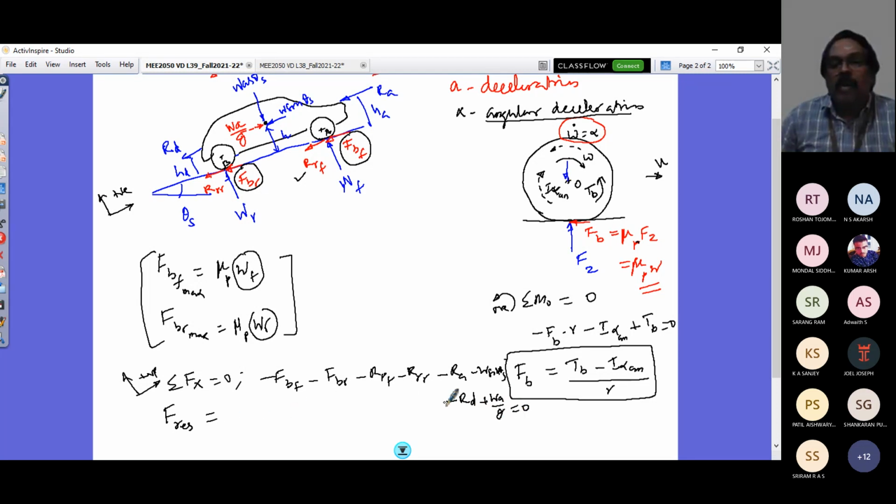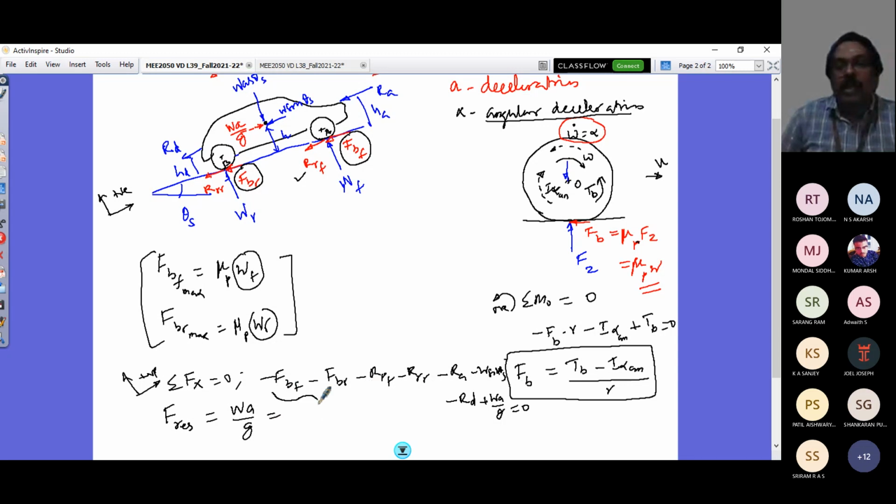So I would be able to have my resultant force given by Newton's equation, equal to WA by G, and that would be equal to all the remaining terms taken on the other side.